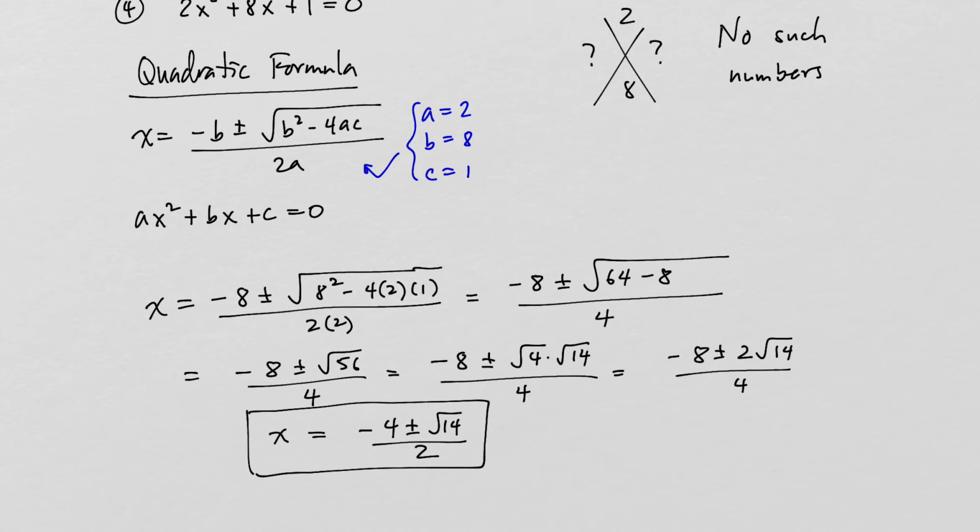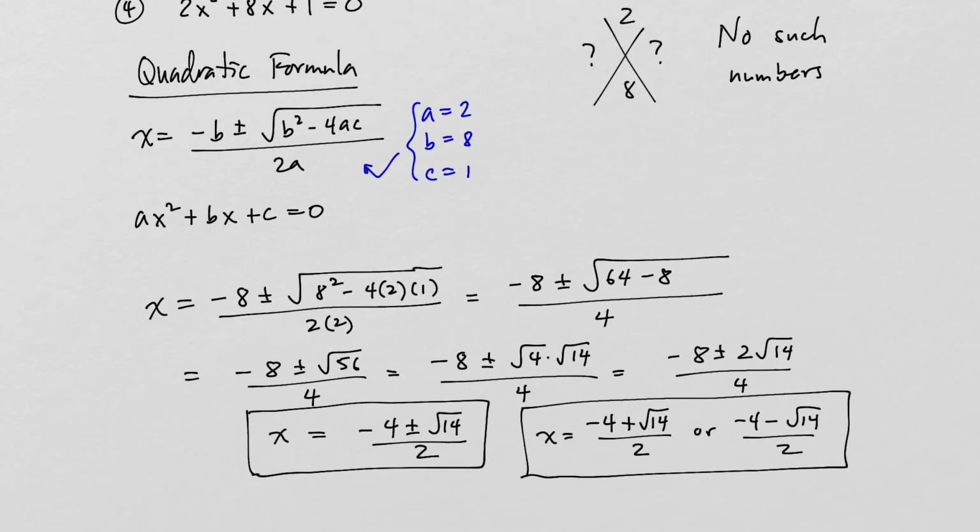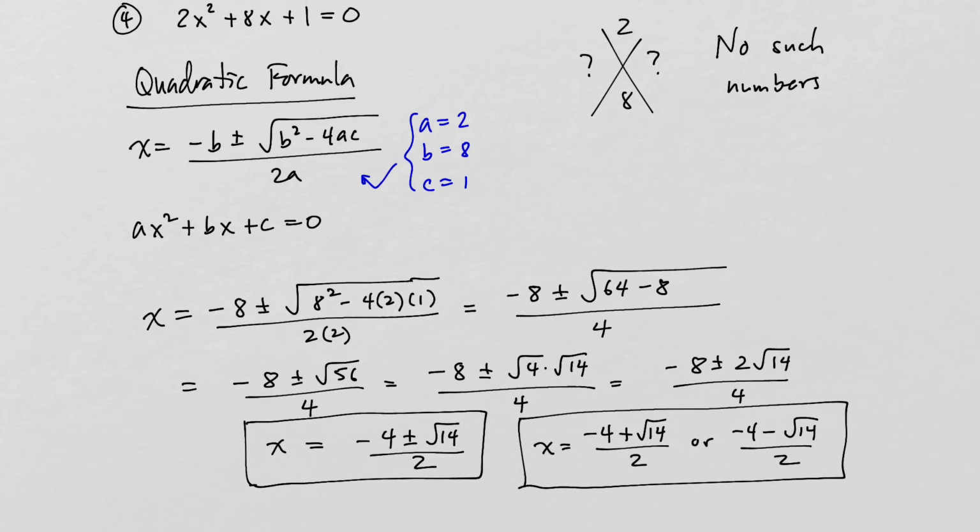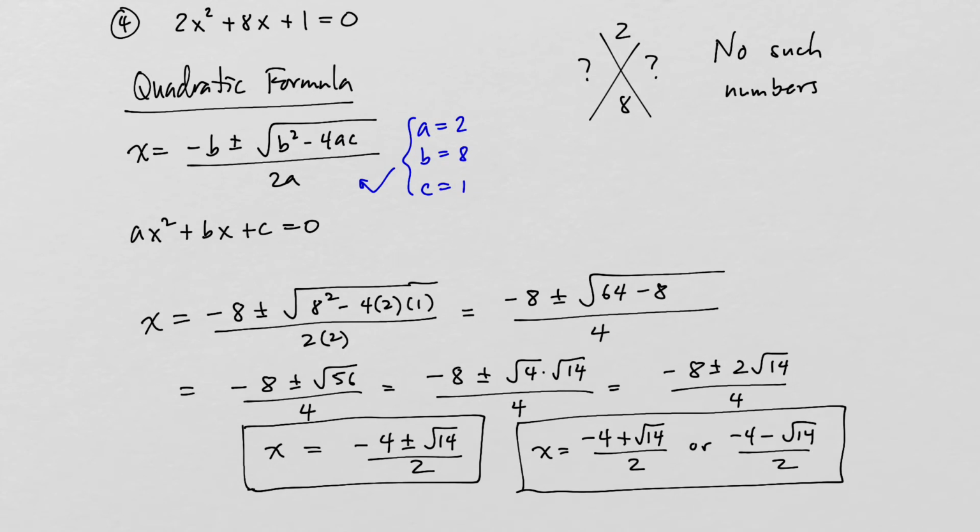Now, oftentimes when you're expressing these answers, you'll want to write them separately. So this would be negative 4 plus the square root of 14 divided by 2, or negative 4 minus the square root of 14 divided by 2. And you could plug these into a calculator to get a decimal approximation, but again, it's the exact answer that we are prioritizing here.